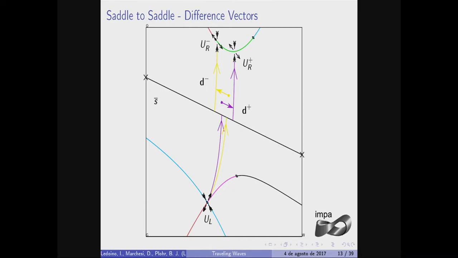So if you define this D plus vector to be the crossing point here, from here to here, you'll see that for one point, this vector points to the right, and for another saddle, this vector points to the left. This is the situation we are interested in.